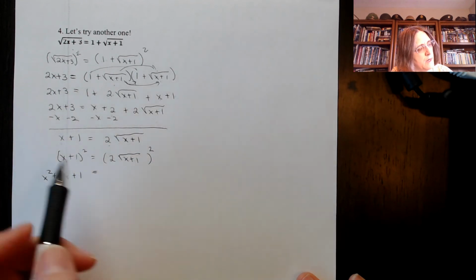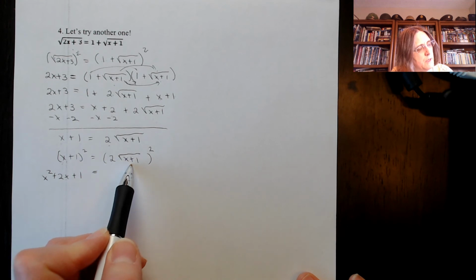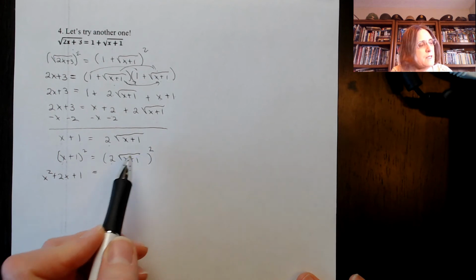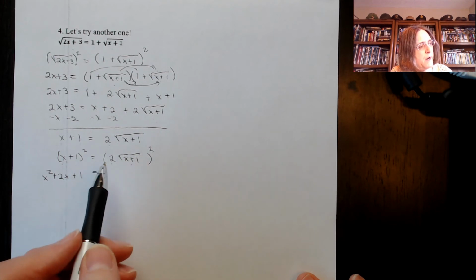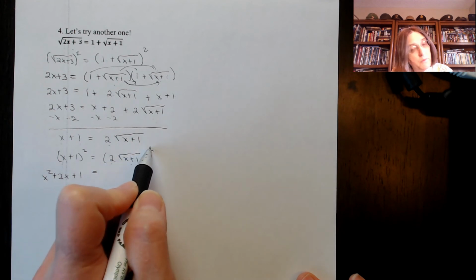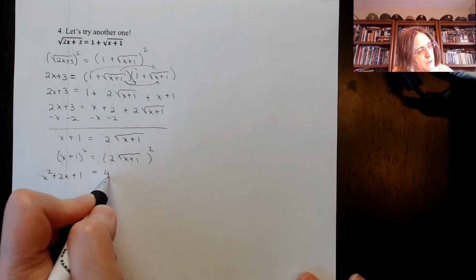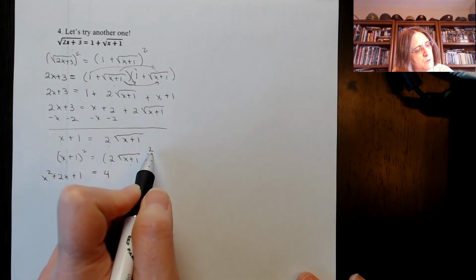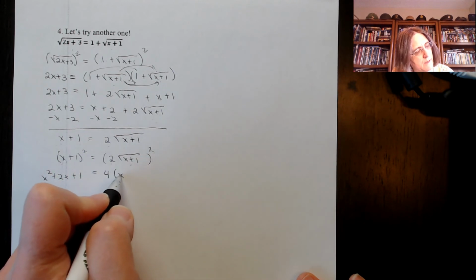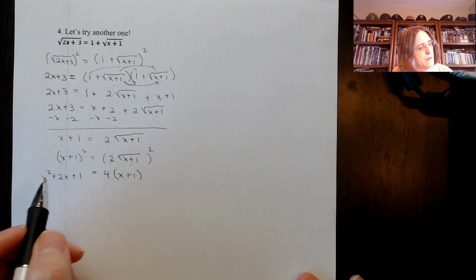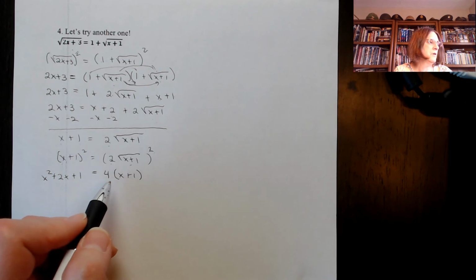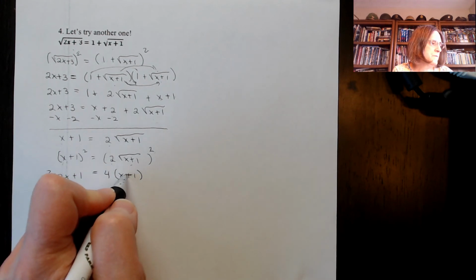And on the right side, I have a single term composed of 2 multiplied by the square root of x plus 1. When I square that, each term gets squared. So 2 is going to be squared to get 4, and the root x plus 1 is going to get squared to get x plus 1. So we'll have 4 times the quantity x plus 1.